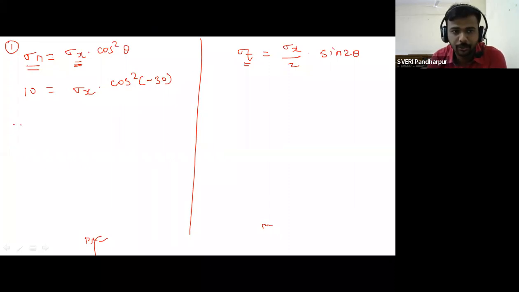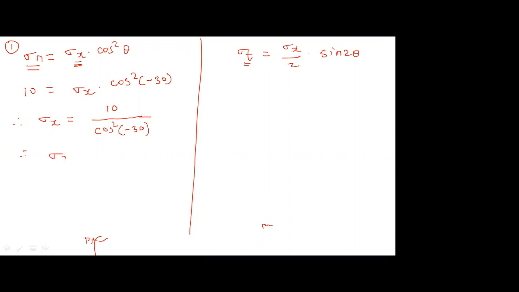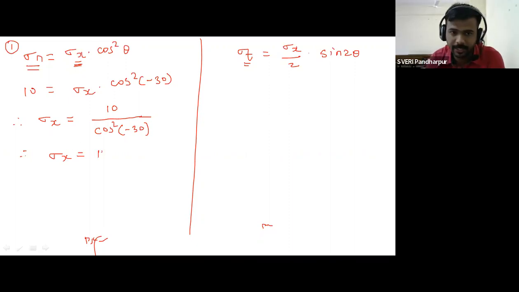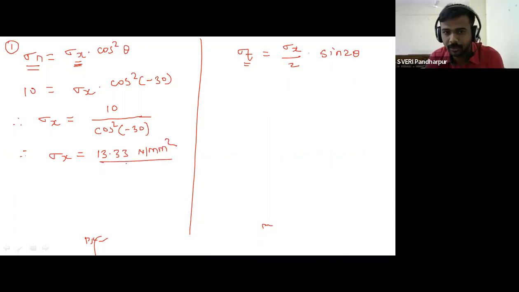So here you will get sigma x is equal to 10 divided by cos square minus 30. So what is the sigma x? 13.33, correct. 13.33 Newton per mm square. So this is the sigma x.